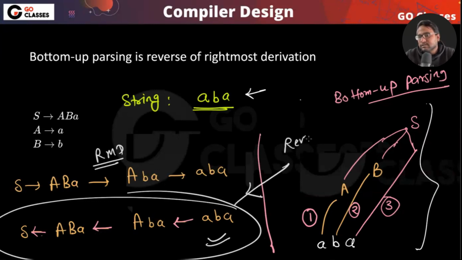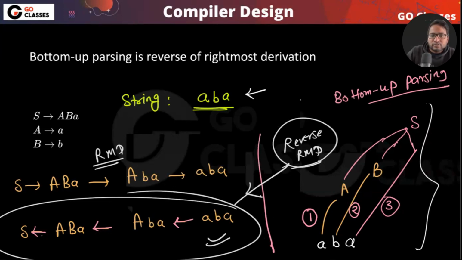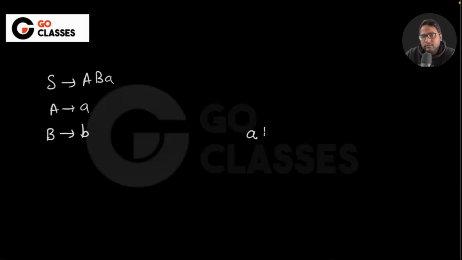Let me name this reverse RMD. Actually it is a technical term only, but for the explanation I'm telling you, let's say this is a reverse RMD. Isn't reverse RMD and the bottom-up parsing the same? So see, you had this particular grammar. What is bottom-up parsing doing for this?